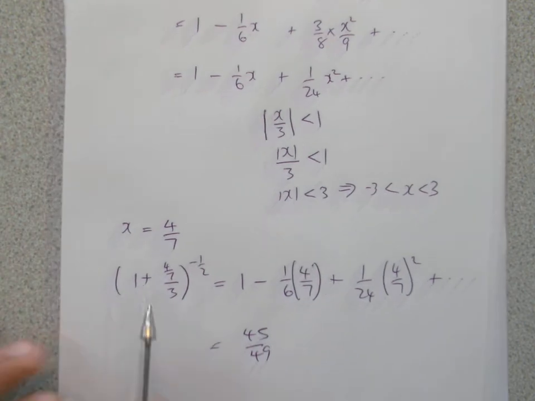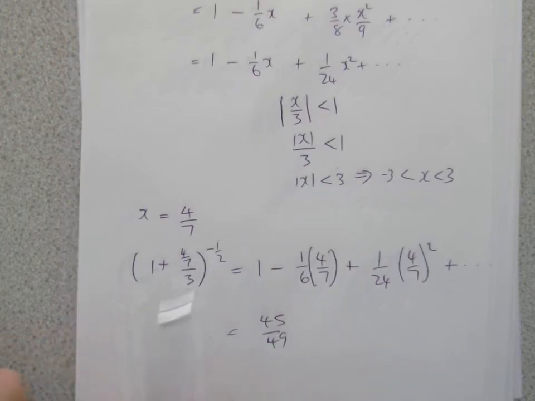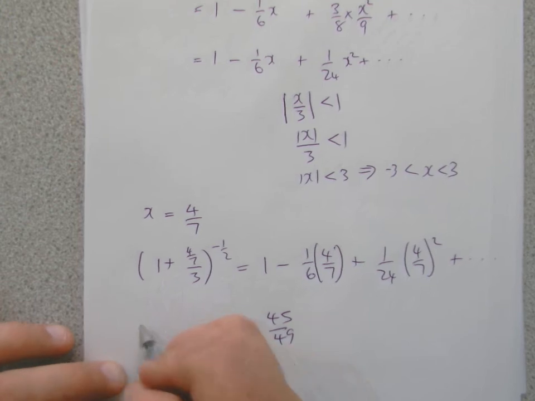But now we've got to sort this side out, and the key to this is don't use your calculator to do this all in one go. Take your time on it. If you use your calculator to do this in one shot, it's not necessarily going to be nice. Sometimes it will, but often it won't. So let's take our time. Now what I do here is, you've got 1 plus this. Let's write that as a single fraction.